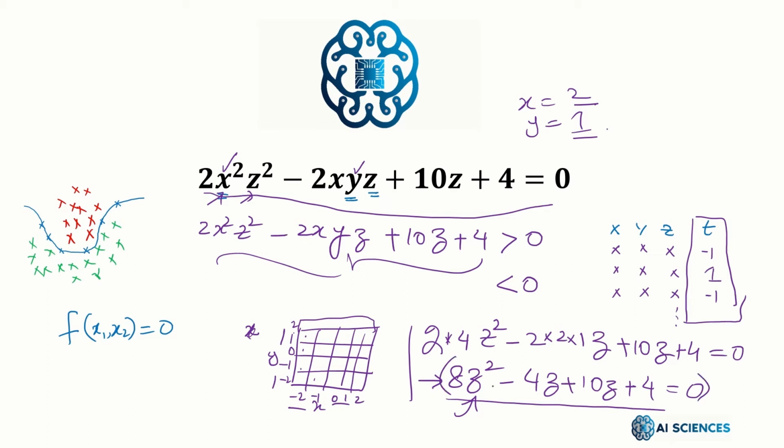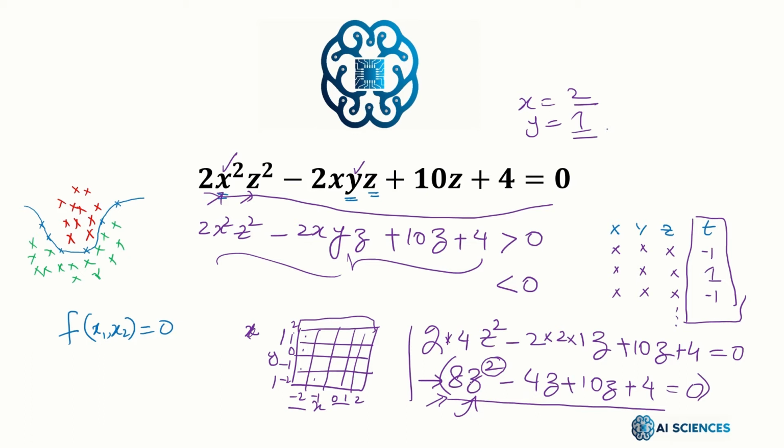There are numerical methods to find the roots of this function, and now we are switching to Python to show you how we can find that out. At the end of the day, this is a one variable function for which we are going to find the roots, and there may be multiple roots depending upon the degree or the shape of this function.